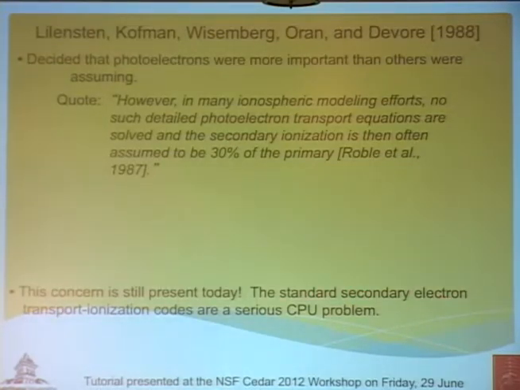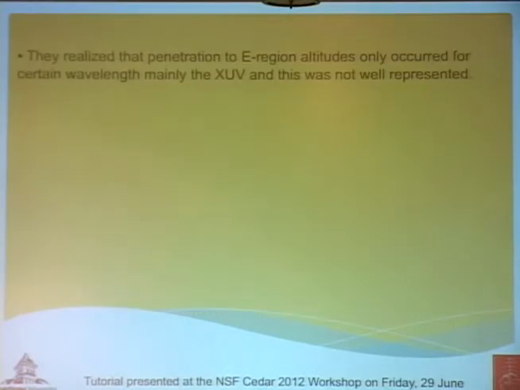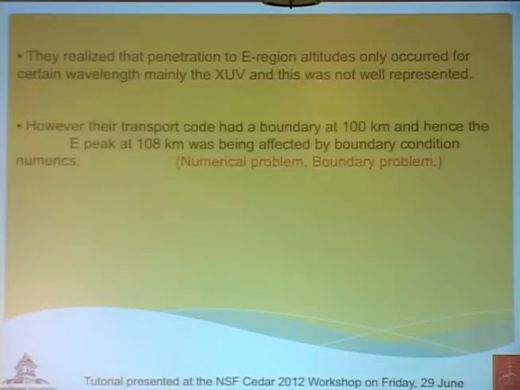It wasn't that we didn't have secondary electron codes. Andy Nagy and Peter Banks and others had excellent codes developed, two-stream codes. It was just how do you drive these codes legitimately? Okay, they realized that the penetration of this XUV, which is the one that generates the secondary electrons, had a very strong altitude dependence.